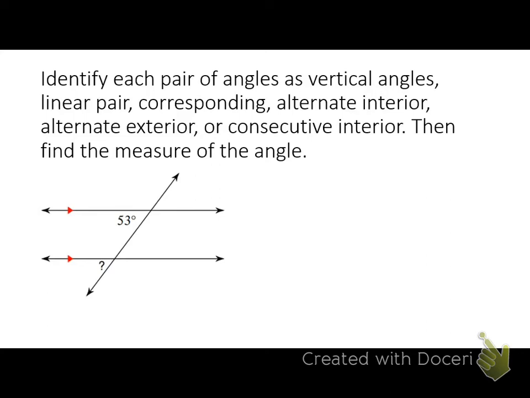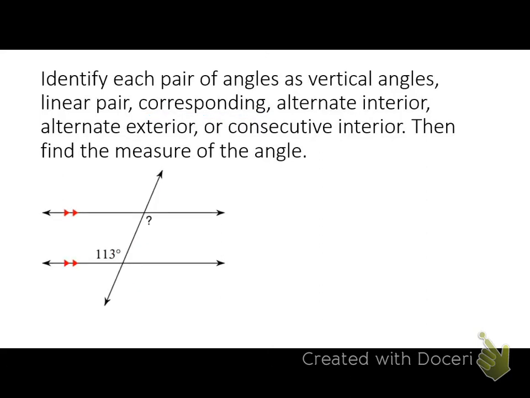Good. Good. So they're not both on the inside or both on the outside. They are both, however, on the bottom left corner. So they're going to be corresponding and congruent. So 53 degrees. This is the last one for today.